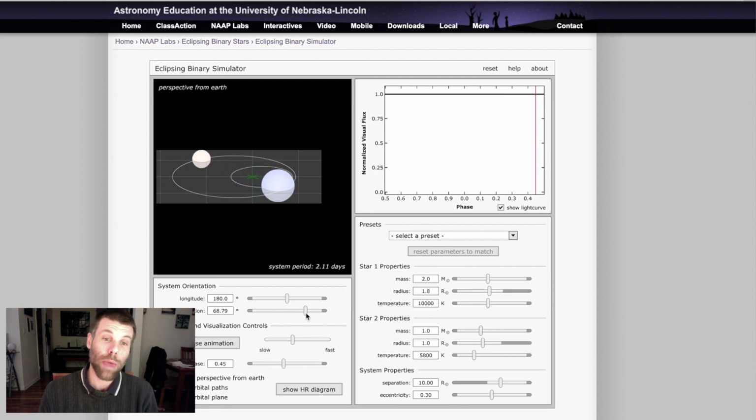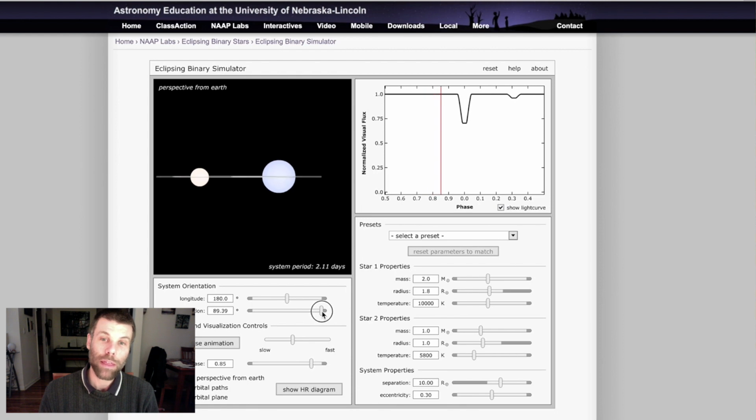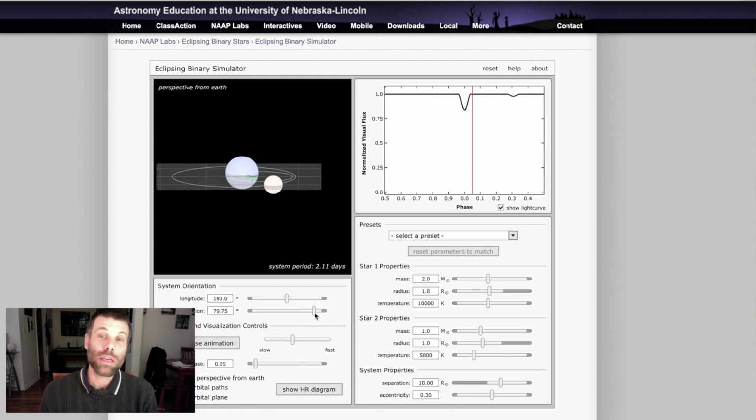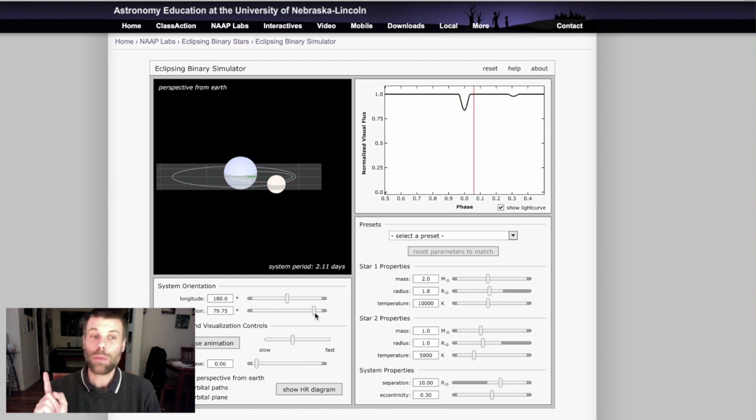If we're looking at a system edge on, or nearly so, like this, or maybe like that, we see one star move in front of the other one and eclipse it a little bit. And by looking at those eclipses, we can say, aha, this star system is edge-on, or nearly so. So we can get a very good idea of how much total mass is here.